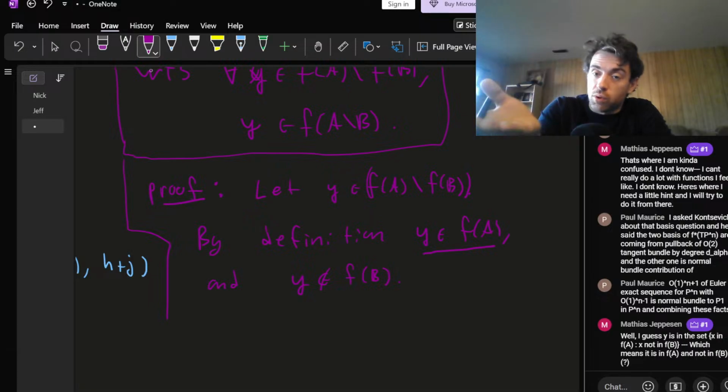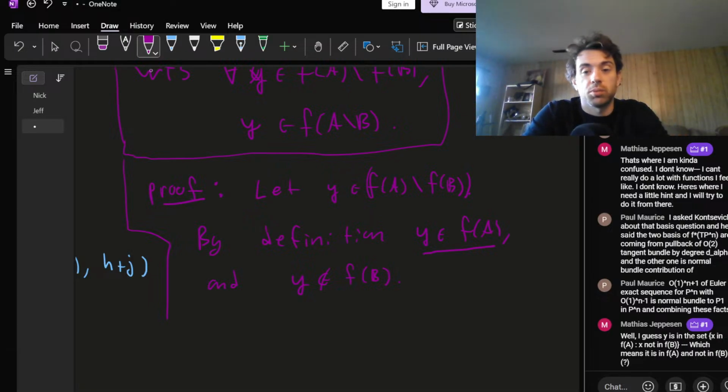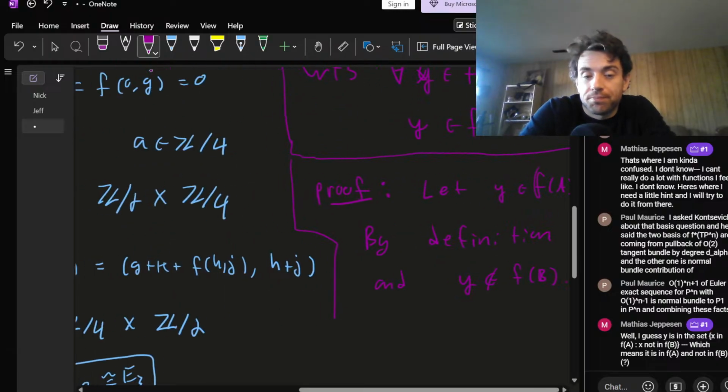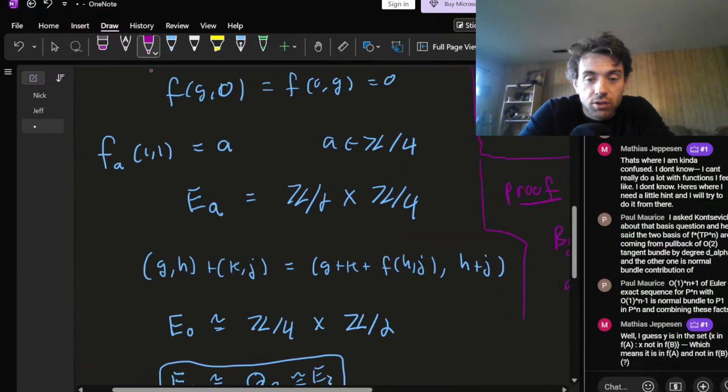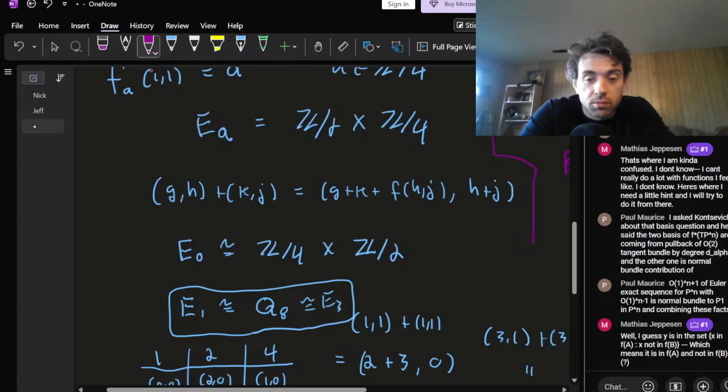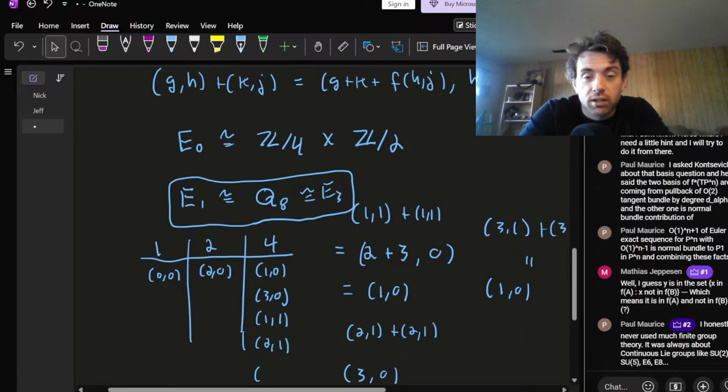We just have y is in f of a, and y is not in f of b. Pick one, and unpack it, right? So y is in f of a. Well, what does that mean? Think about what's the formal definition. What does it mean to say that y is in f of a?